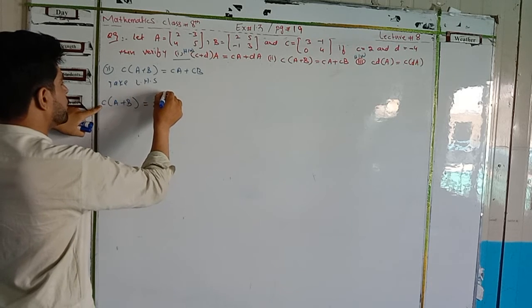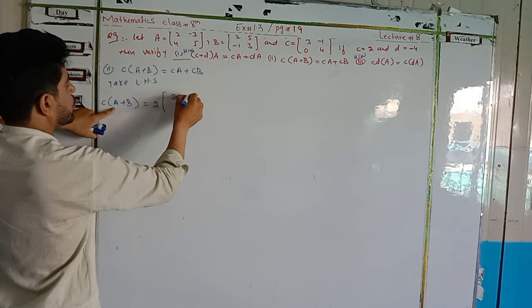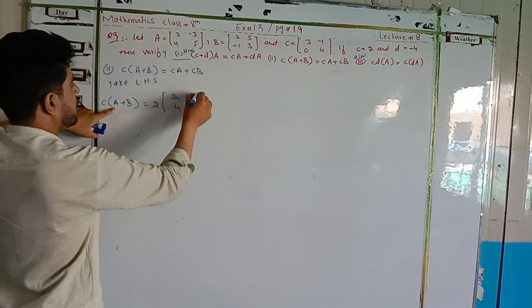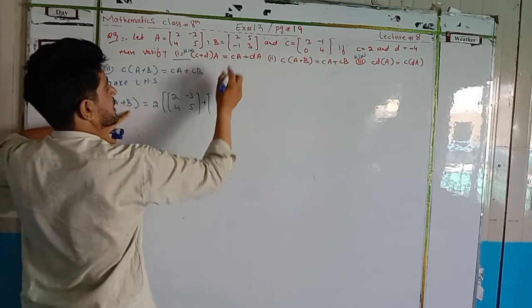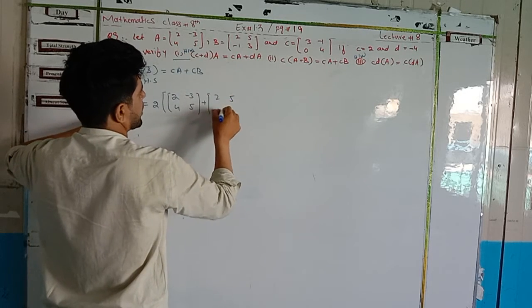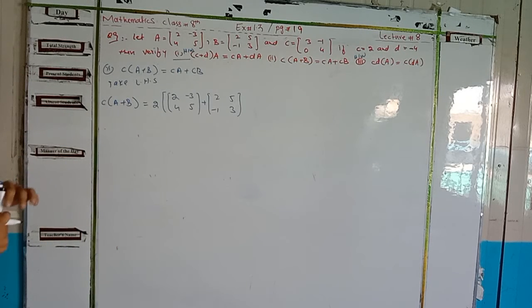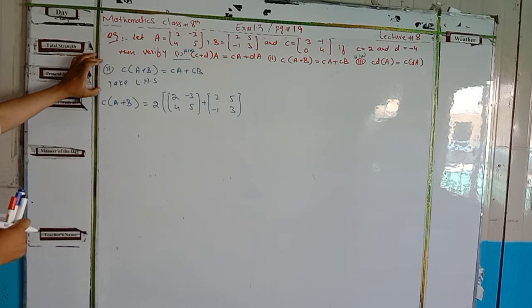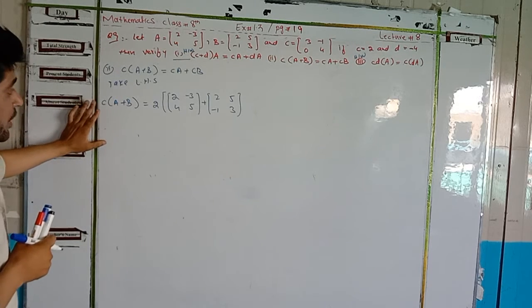2 times the A matrix, which is 2 minus 3, 4 and 5, plus the B matrix, which is 2, 5 minus 1, 3. You will write given, then solution, then given and required, and after it you will start the solution.